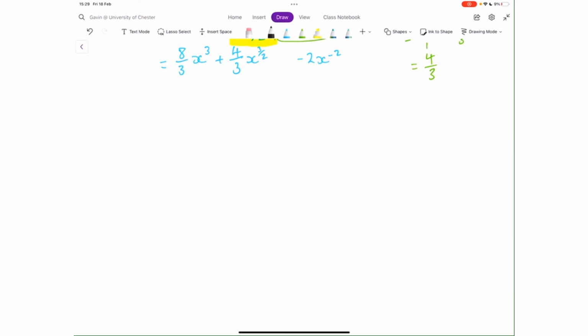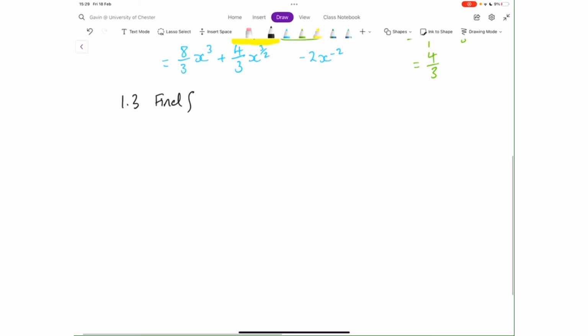Let's have a go at 1.3 then. So we are asked to find the integral of 3x squared minus 6x squared plus x plus 1. So I've got here add 1 to the power in the first instance.